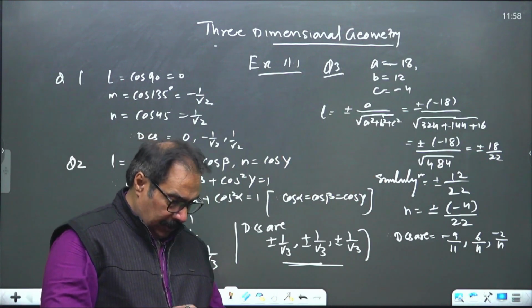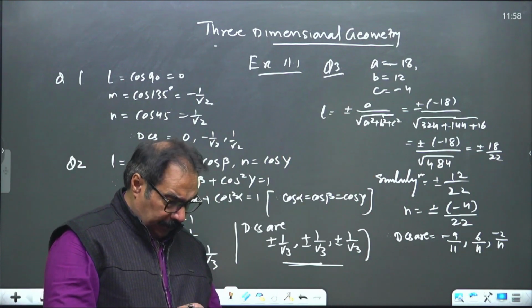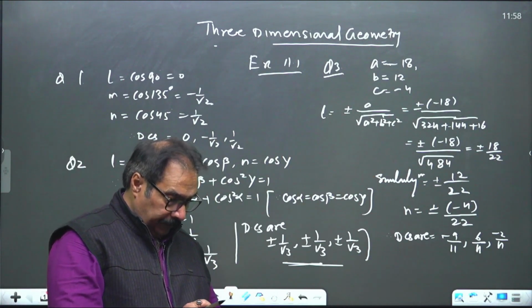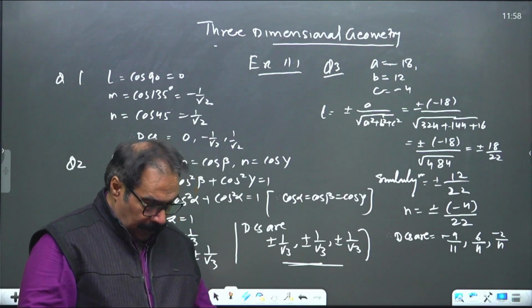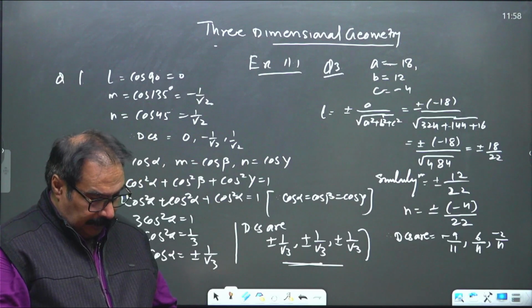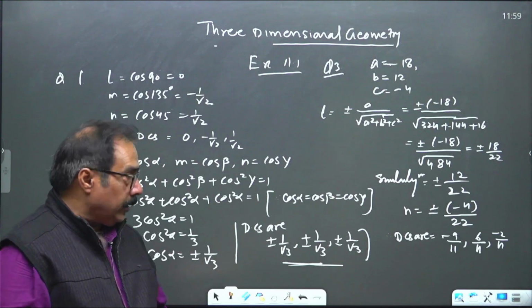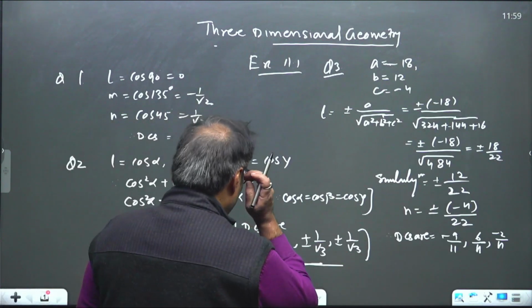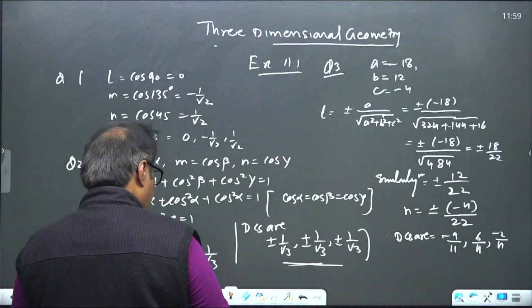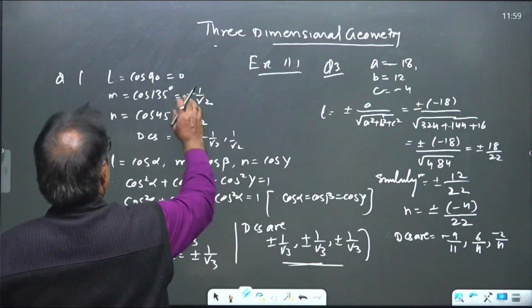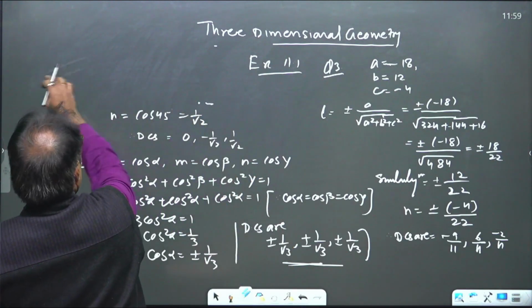Okay, so the next question is question number 4, and it says: show that these 3 points are collinear. Collinear means we will find the direction ratios of these 2 points. Let me erase question number 1.